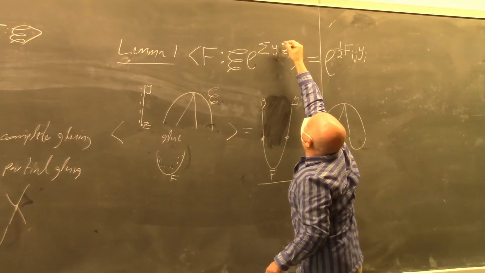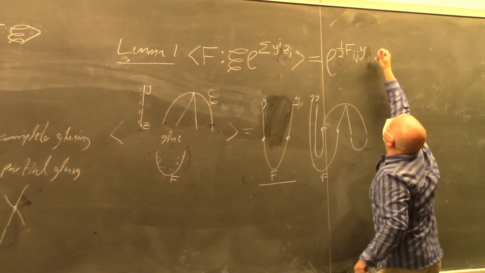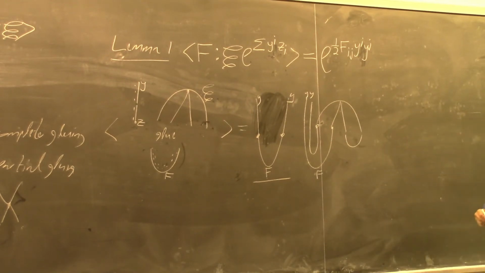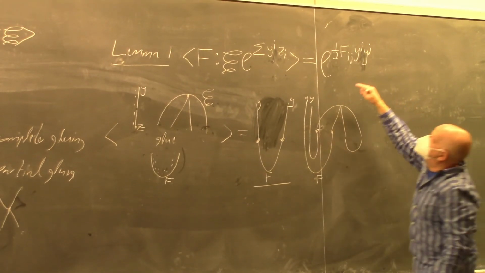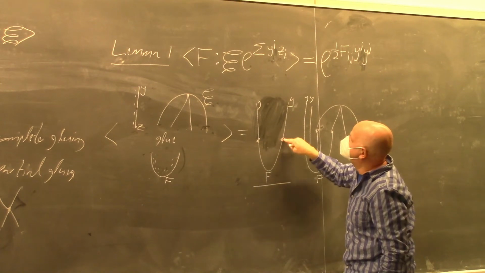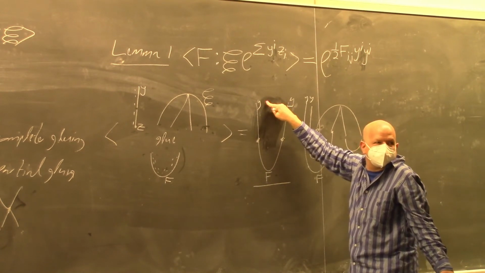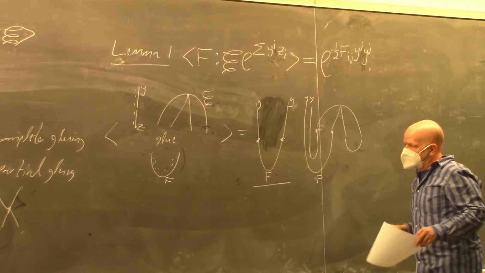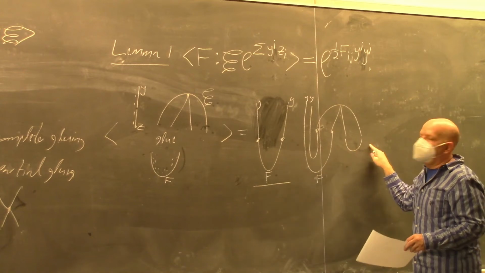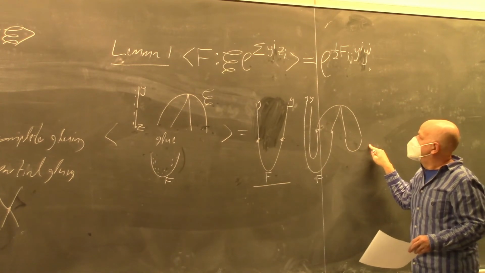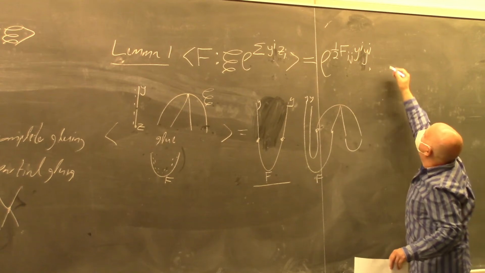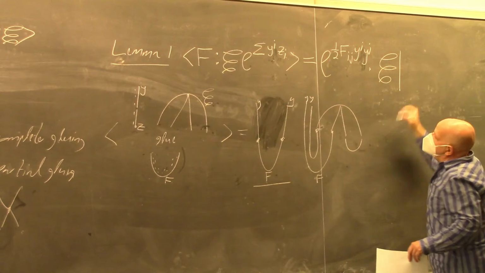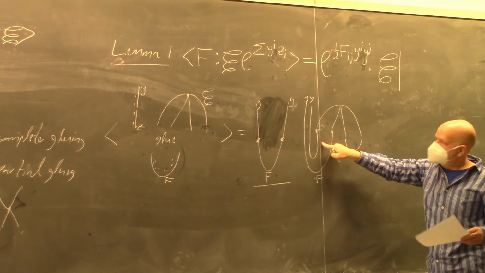Maybe I should have used upper indices here to make the summation more apparent. This is just f with the z's replaced by the corresponding y's. And then, first of all, you take E, then you do the substitution.